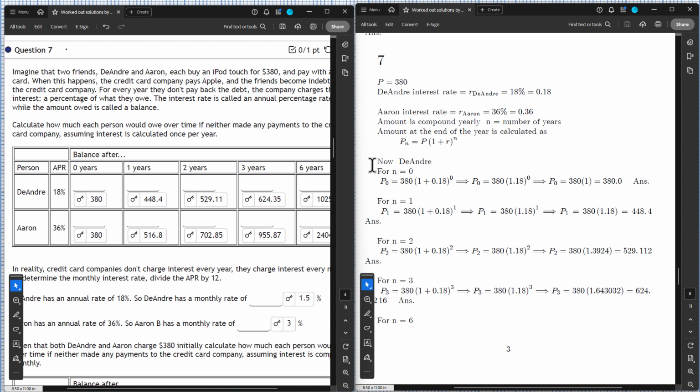So they can do it for DeAndre here, for 1 year, 2 years, 3 years, 4 years, 5 years, and 6 years, and they plug in the values there.